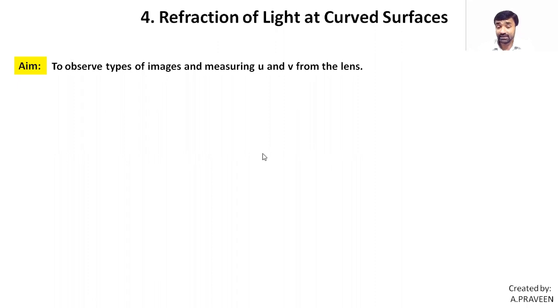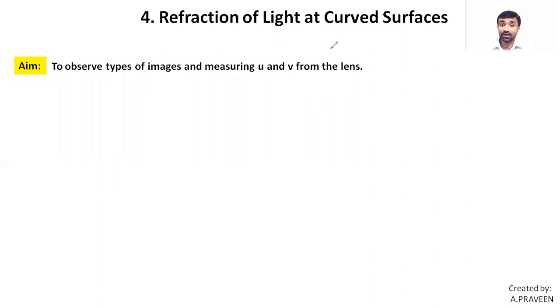We are not measuring the object distance; we are always selecting it. This will be fixed. What we select is the value for the respective u. What will the v value be? That we need to measure. Then note down the characteristics. So this is the lab activity, right?